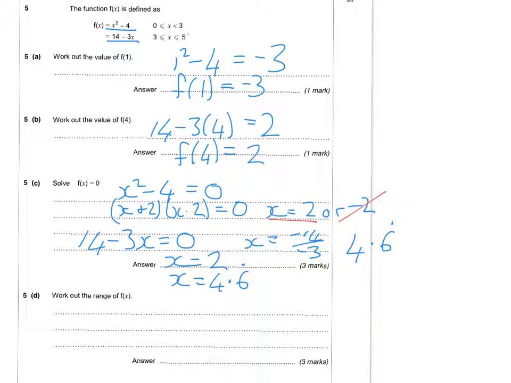I believe that maximum value for 14 minus 3x will occur at the start, so 14 minus 3 times 3, which is equal to 5. 14 minus 3 times 5 is equal to negative 1.